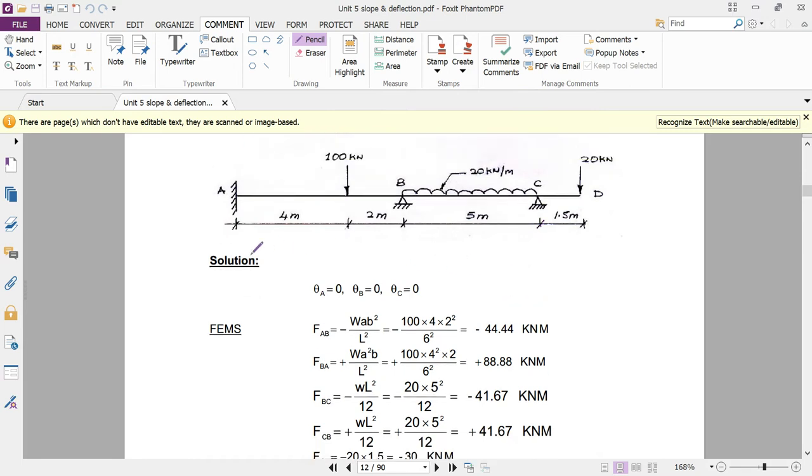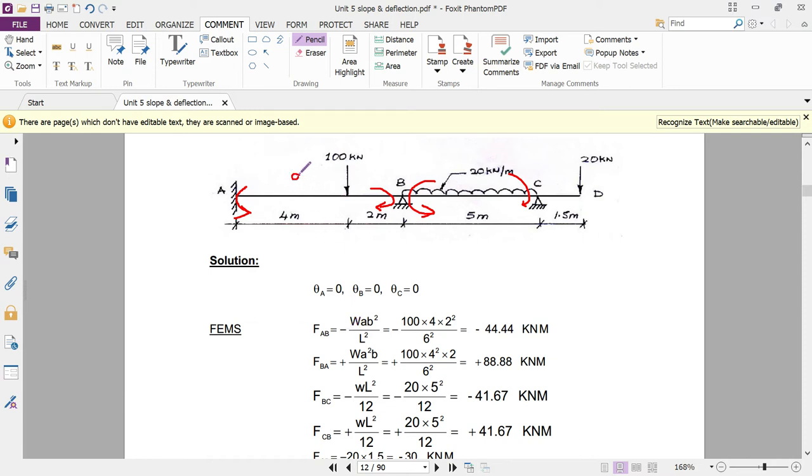Now we have to calculate the fixed end moment of each particular span on its own. If you isolate this particular beam, what will be the fixed end moment for the span AB? As the load is eccentric, the formula becomes W a b square by L square, and here as it is moving in anti-clockwise direction, the sign is minus.